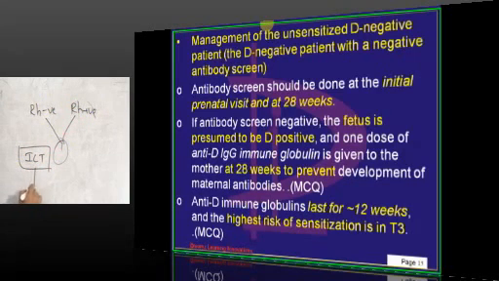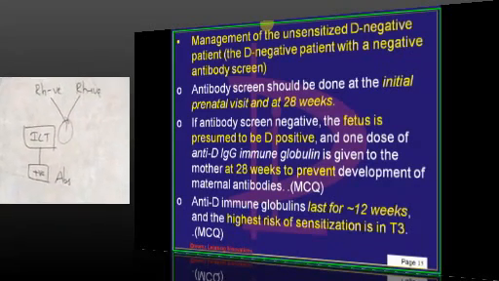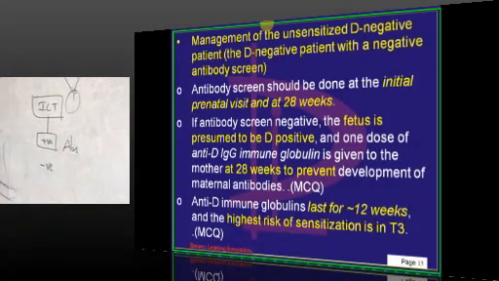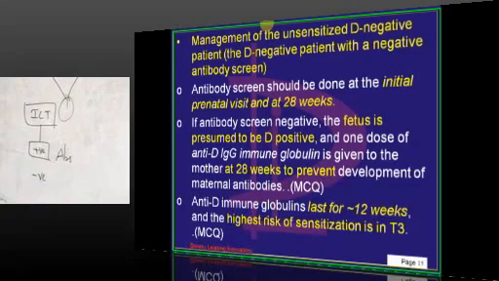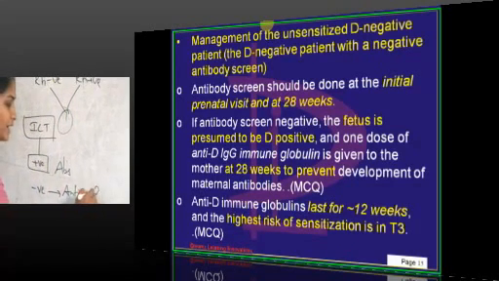If the indirect Coombs test is positive, it indicates the mother is already sensitized and antibodies are already produced. Now there is no need to give anti-D. If the indirect Coombs test is negative, it shows antibodies have not yet been produced. Now you need to give anti-D. The first dose of anti-D is given at 28 weeks.